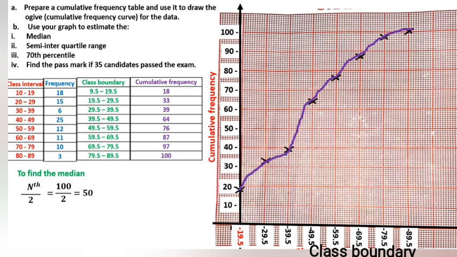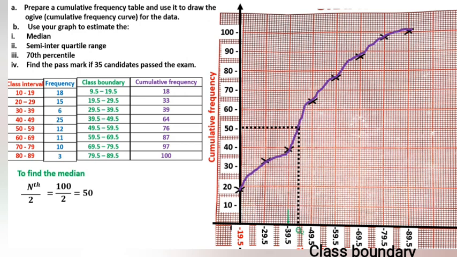So we're going to locate 50 on the graph and trace a line to touch the curve. Okay, then from there we'll trace it down to the horizontal axis. Okay, so we are going to take the readings now. So we're going to read from the graph. So we'll call that Q2. So Q2 is referred to as the median. So let us read off the value.